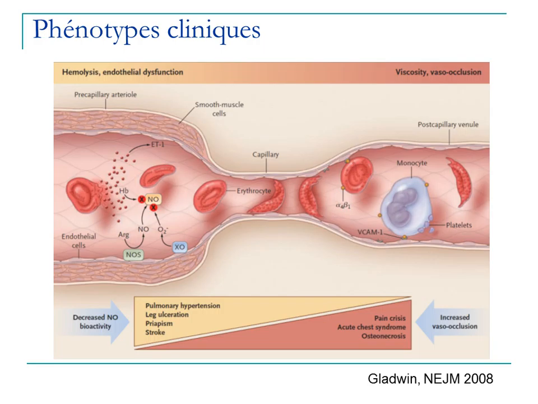In this category, we're going to find the traditional occlusive crisis, but also the acute chest syndrome, and we have, on the other hand, things which are more connected to the endothelial dysfunction.